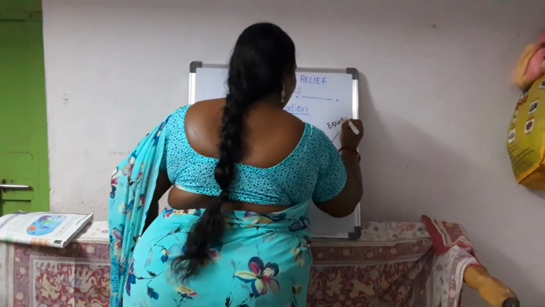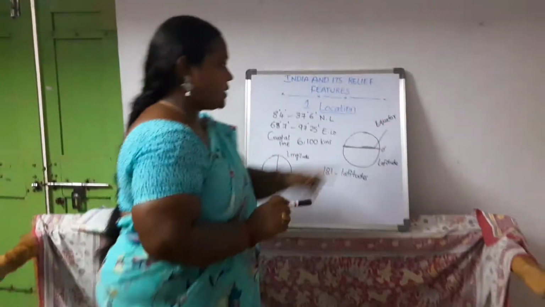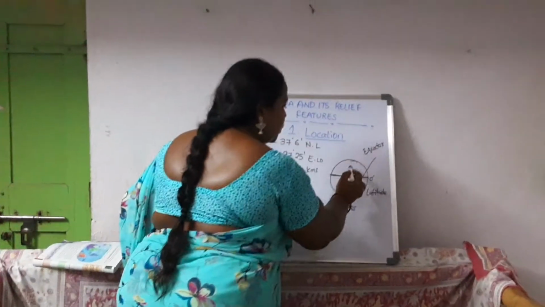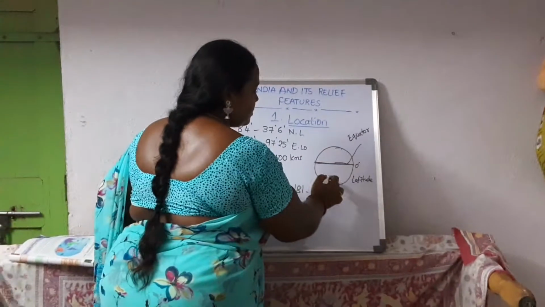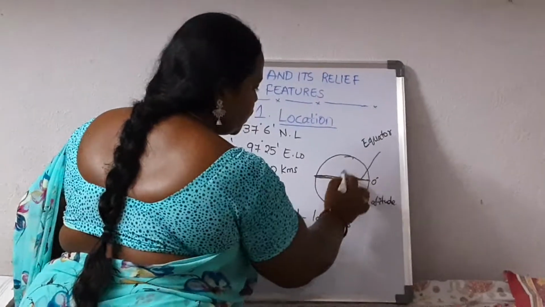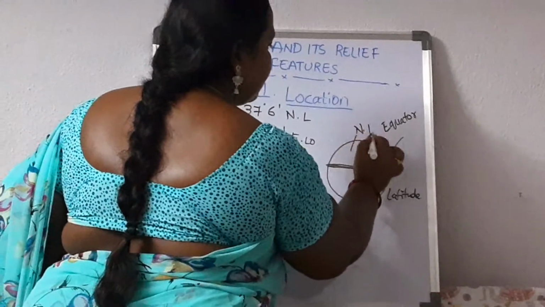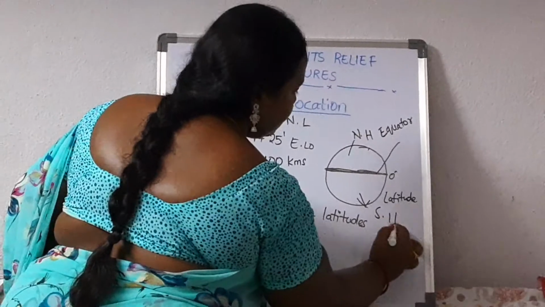We call this the equator. And what does it do? It divides the earth into two equal parts, two hemispheres. You can easily see this: the equator is dividing the earth into two hemispheres. This one is known as the northern hemisphere and the other half is the southern hemisphere.